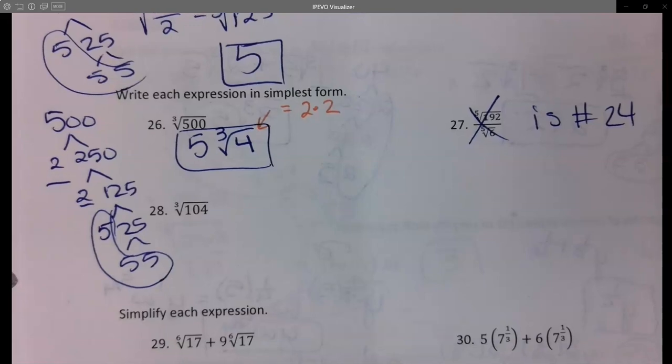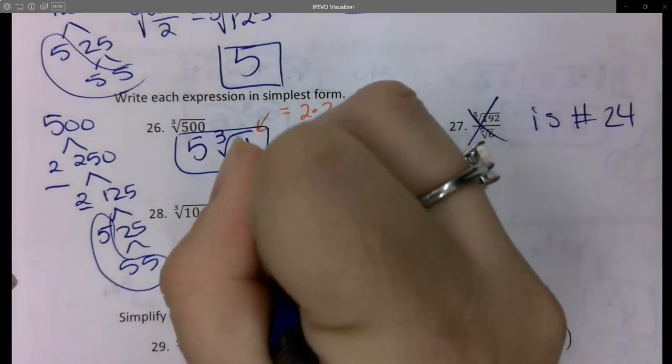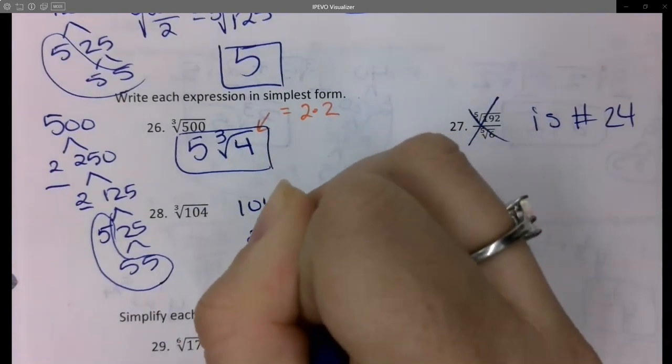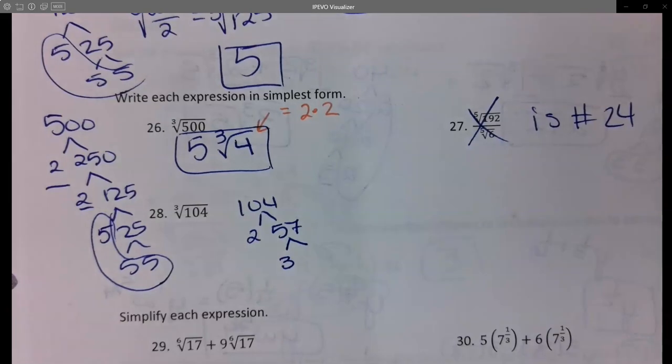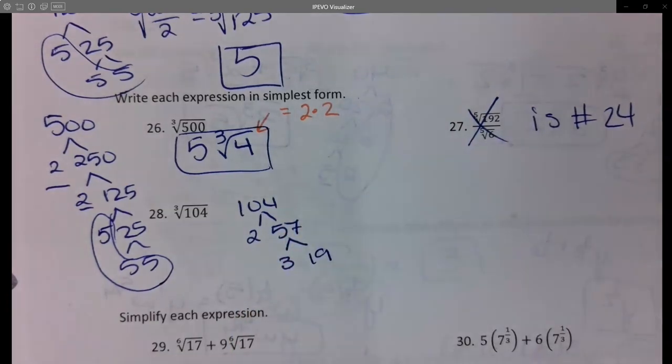Number 28 is the cube root of 104, so I want to find my factor tree. I'm going to have 2 and 57. 57 is 3 and something. It wasn't 57, it was 52, wasn't it?